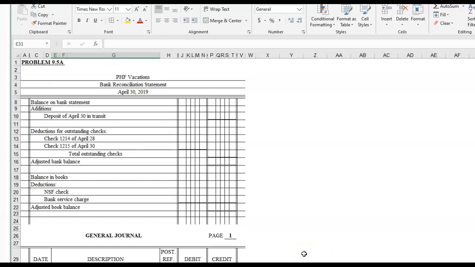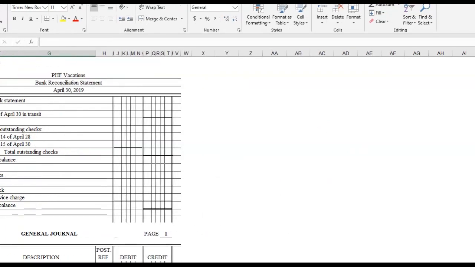Let's look at 9.5a. Okay, 9.5. Okay, let me give you the amounts here. 14,918. No, we just did that. That's exercise 9.5. Okay. I have to actually look that one up.